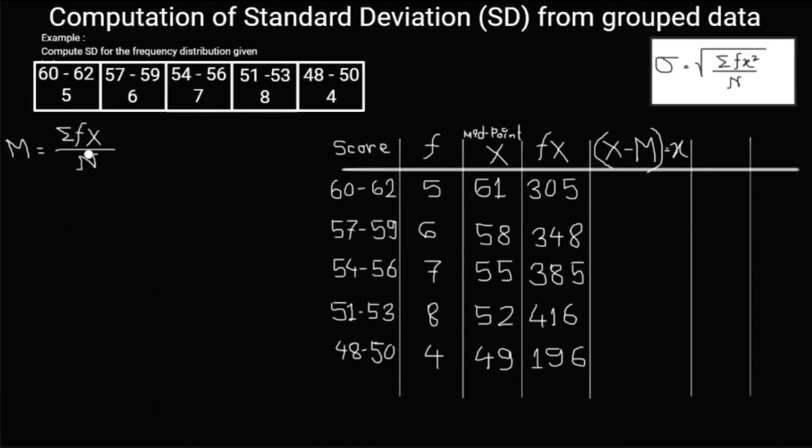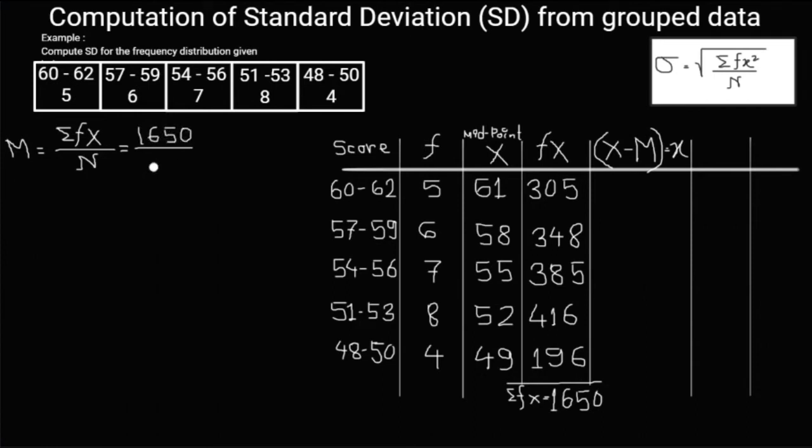The mean we calculate by taking the sum of all the f times x. So summation fx equals 305 plus 348 plus 385 plus 416 plus 196, which is 1650.